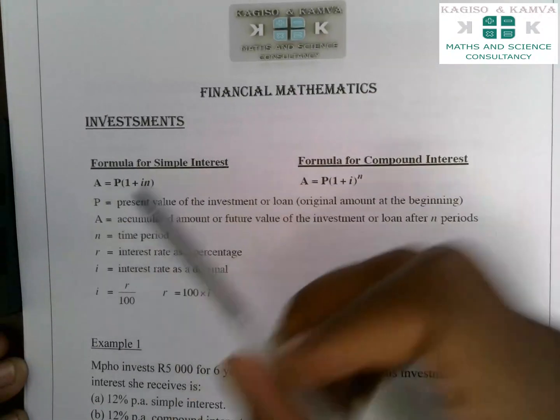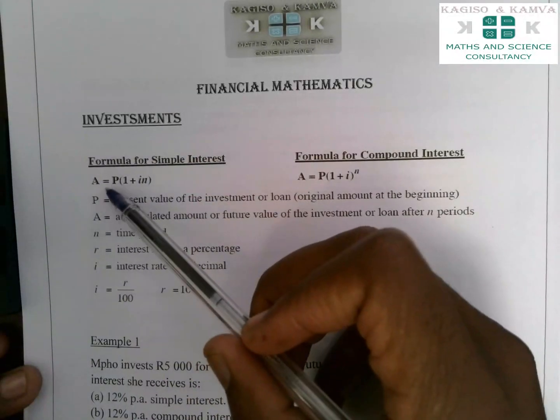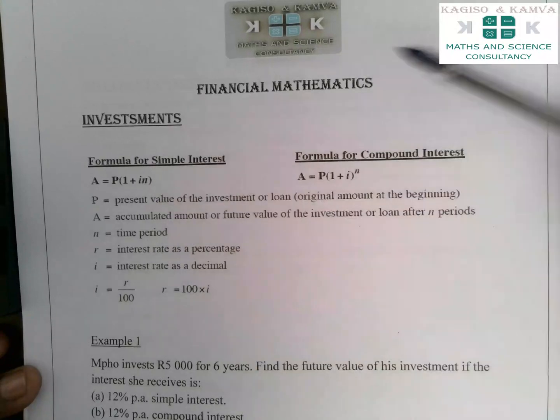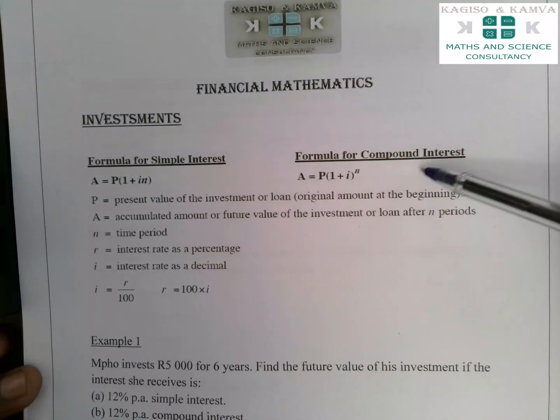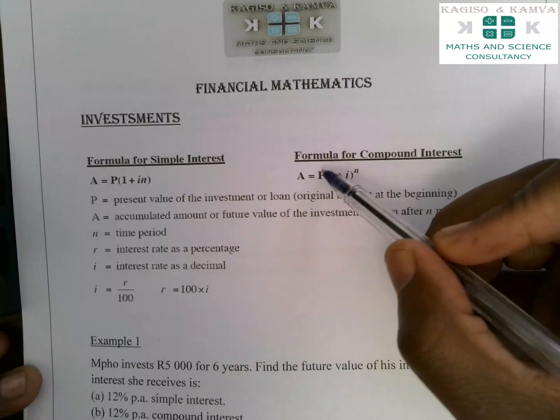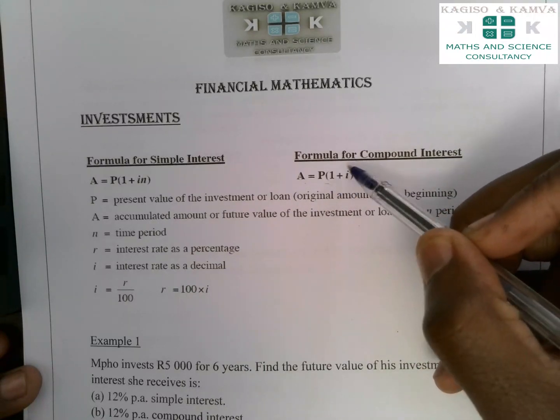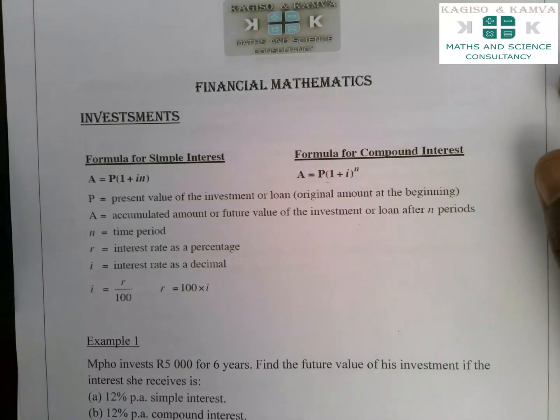The formula for simple interest is A equals P into (1 plus in), and for compound interest, it's A equals P into (1 plus i) to the exponent n.